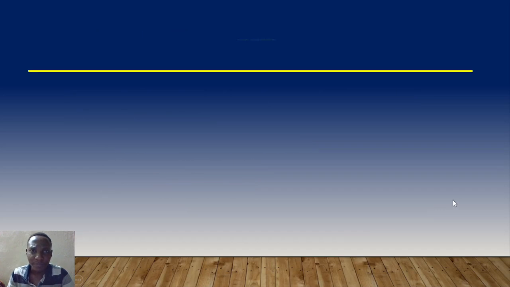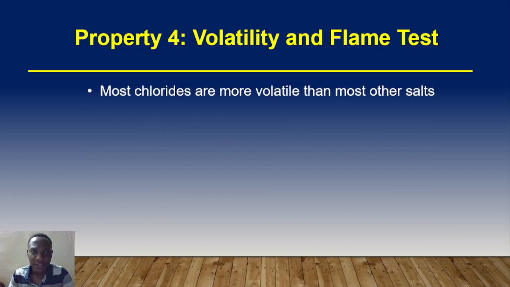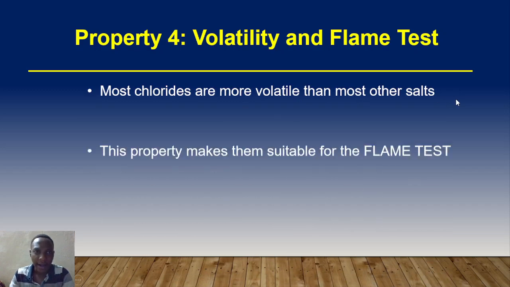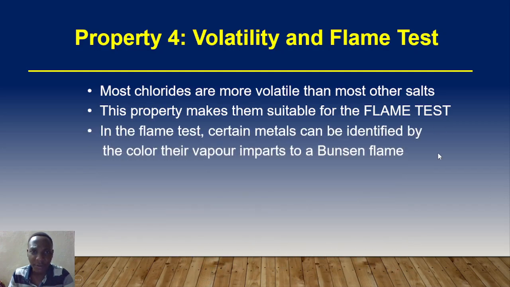Moving on, the fourth property, volatility and the flame test. Most chlorides are more volatile than most other salts. This property makes them suitable for the flame test. In the flame test, certain metals can be identified by the color their vapor imparts to the Bunsen flame.